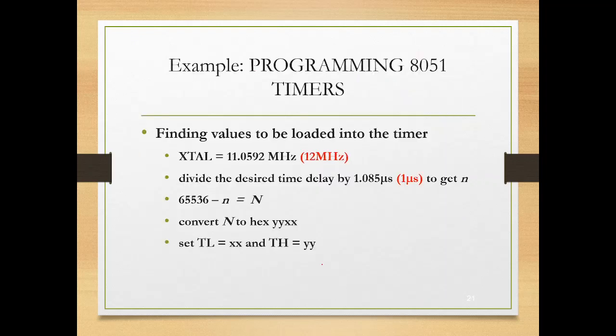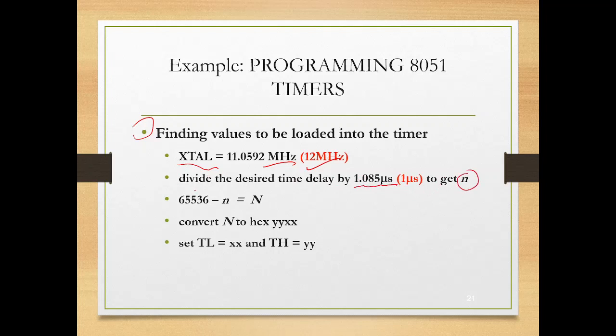And what are the findings here? Let's observe. Values to be loaded into the timer: the crystal frequency is 11.0592 megahertz, approximated to 12 megahertz. Divide the entire desired time delay by 1.085 milliseconds to get n.